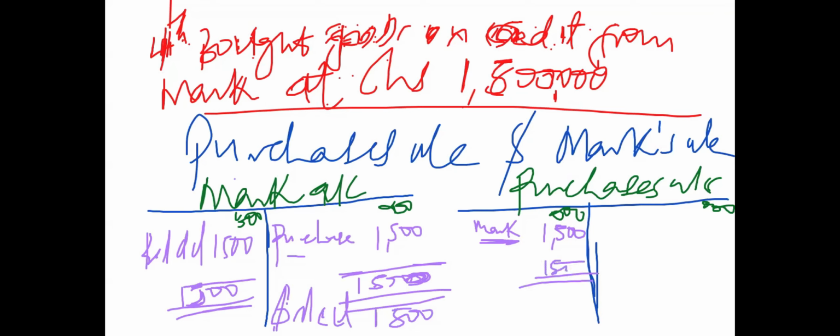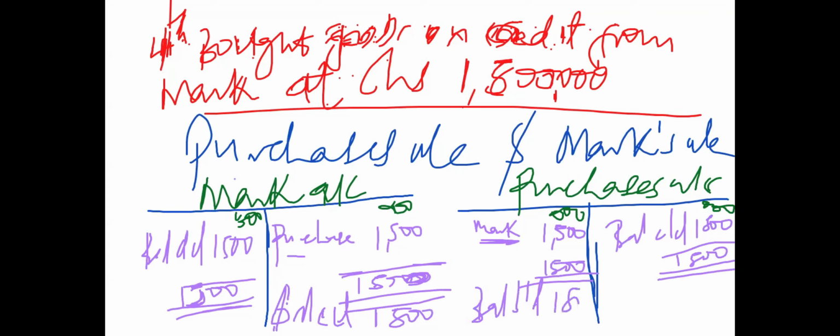It is the same 1.5 as the total for both sides. Then balance carried down of 1.5, and on the opposite side, balance brought down of 1.5. When you are taking the trial balance, we pick only the balance brought down. So for Mark's account, we shall take the 1.5 on the credit side. For the purchases account, we shall take the 1.5 on the debit side. So that's how we do those.